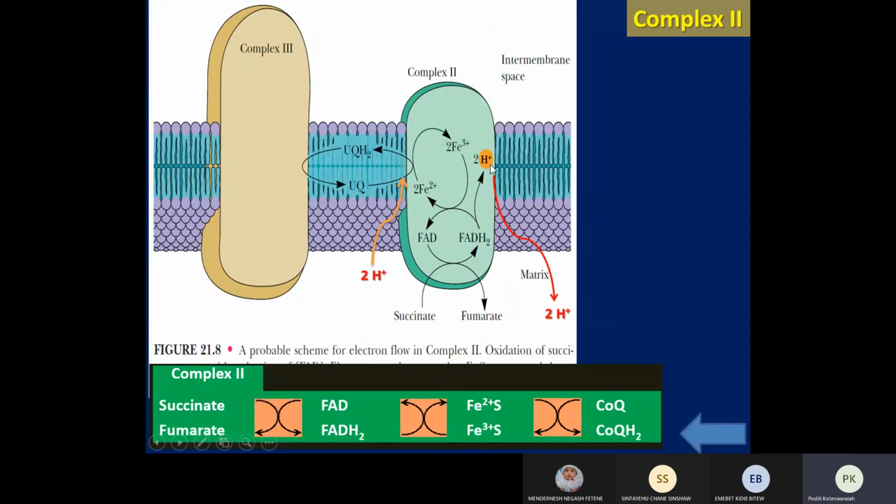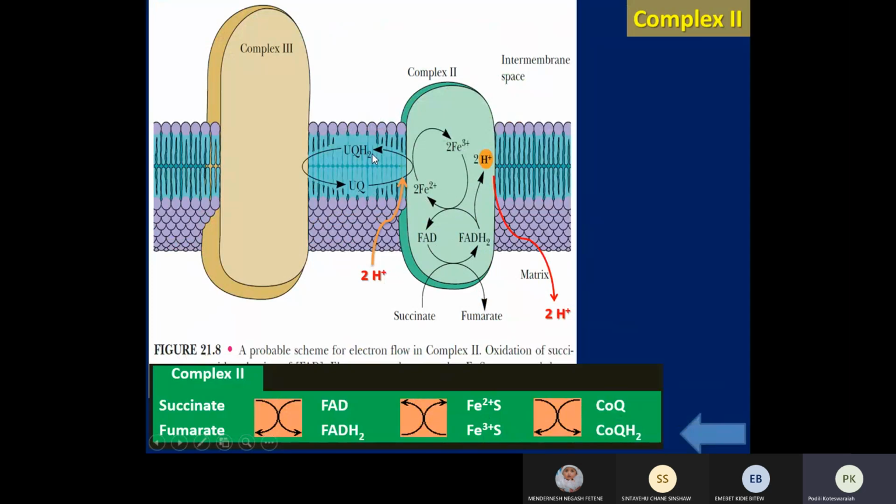Since complex 2 is a part of the citric acid cycle enzyme, when the succinate is getting converted to fumarate and FAD is reduced to FADH2, this FADH2 directly feeds the electrons to the iron sulfur clusters. These iron sulfur clusters undergo reduction, and then this reduced iron sulfur cluster in turn transfers electrons to the ubiquinone.